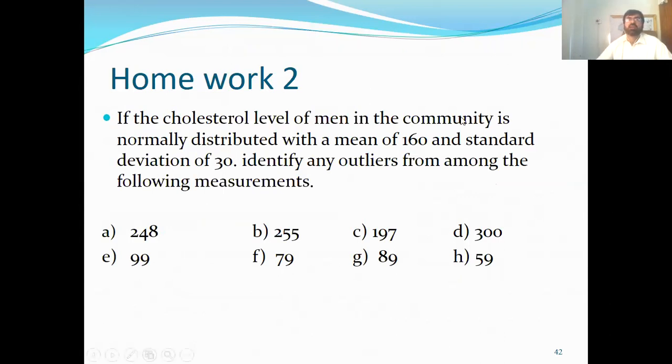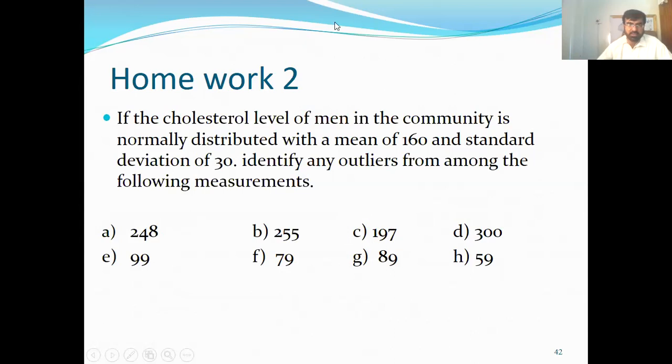If the cholesterol level of men in a community is normally distributed with a mean of 160 and a standard deviation of 30, identify any outlier among the following measurements. I am doing the first one for you, to see whether it is an outlier or normally distributed, and the rest of the questions you have to do yourselves and find whether these are outliers or not.